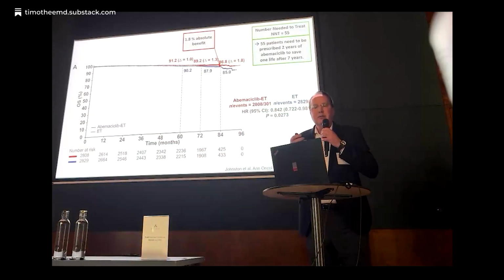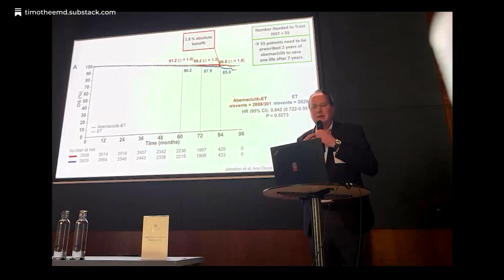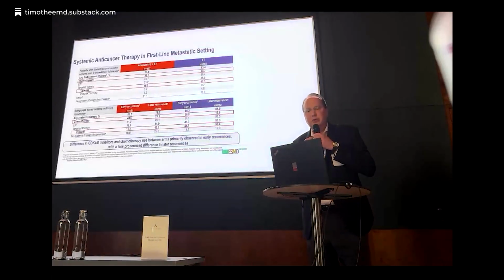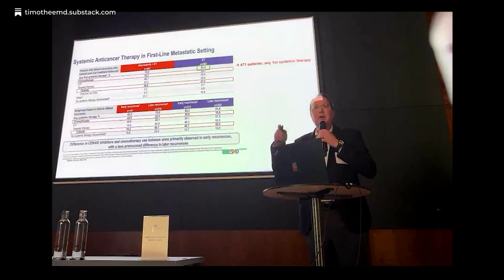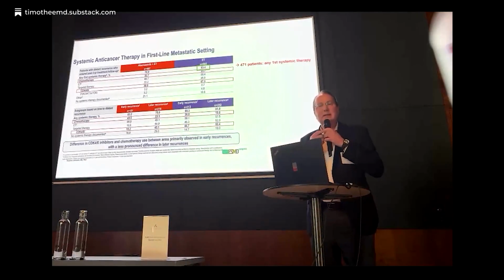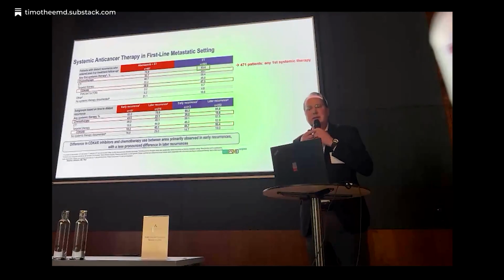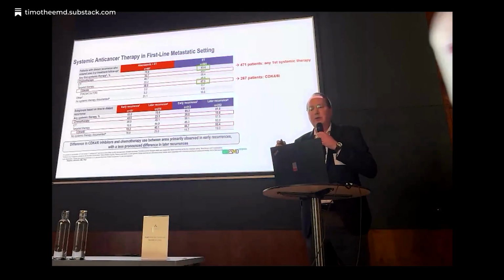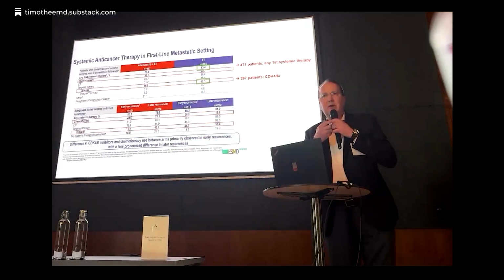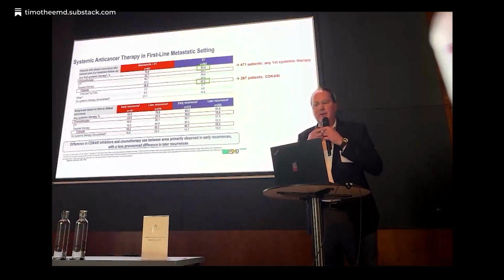Now my question is about the validity of this overall survival benefit. Let's look at post-protocol treatment. Here, in the control group, we know that this number of patients received some first systemic therapy. We also know that this number of patients received CDK4/6 inhibitors as this first systemic therapy.